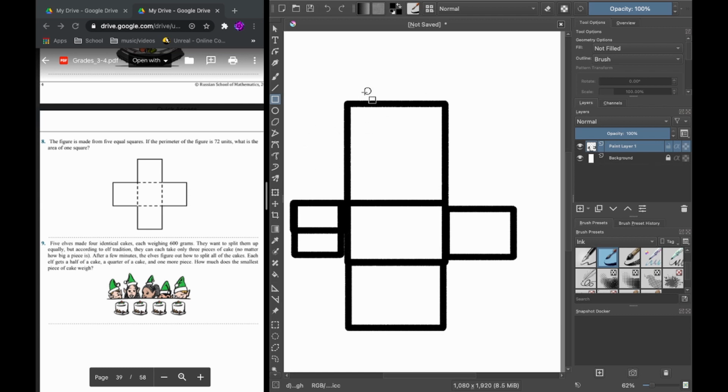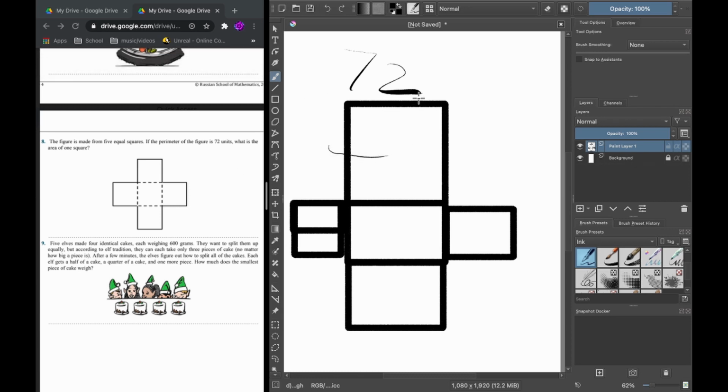So, the perimeter of the figure is 72 units. Now that we know that, we will count the sides. So that's 1 side, 2 side, 3 side, 4 side, 5 side, 6 side, 7 side, 8 side, 9 side, 10, 11, and 12. So that's 12 sides.